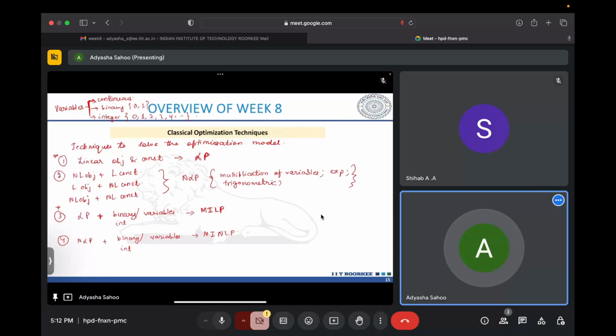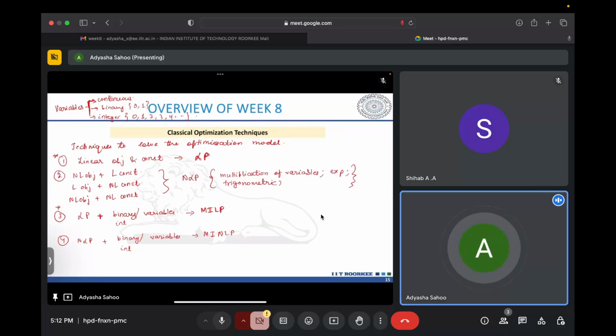But in case of nonlinear programming, NLP and MINLP type problems, you cannot guarantee the optimality of the solution because they have multiple minima that you call local minima or local maxima. So whenever you get the solution, you cannot always guarantee that you have arrived at the global solution.